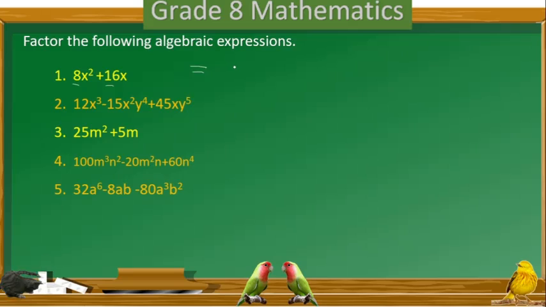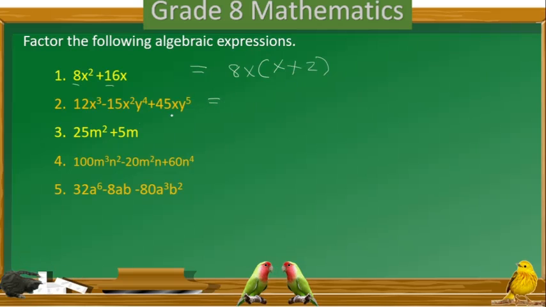So let's write 8, then the exponent is x. The variable is x because x is the variable which has the smaller exponent from this expression. Okay, so we divide 8x squared by this, that is x. Then copy the given sign. 16 divided by 8x, that is 2.